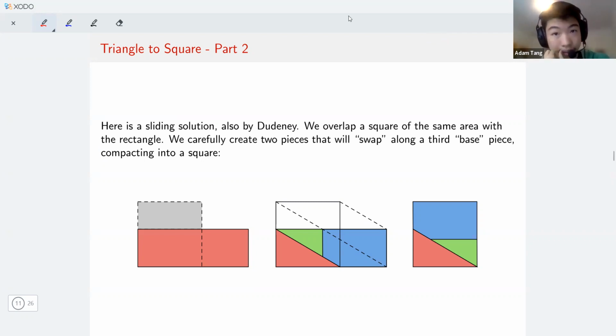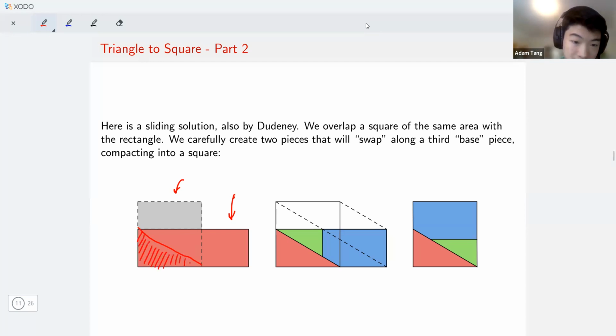What this diagram is showing is we take the square that we want, here in gray and dashed on the left. We need to somehow transfer this area on the left to this on the top. Dewdney figured out that we can fix everything below this diagonal and keep it fixed.